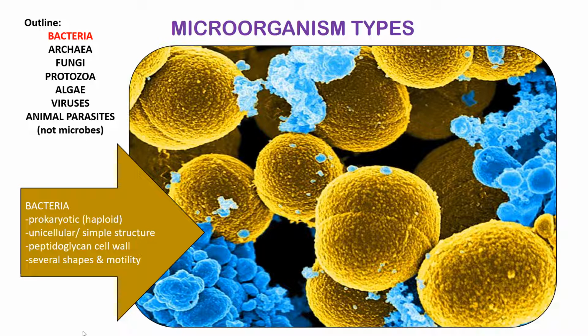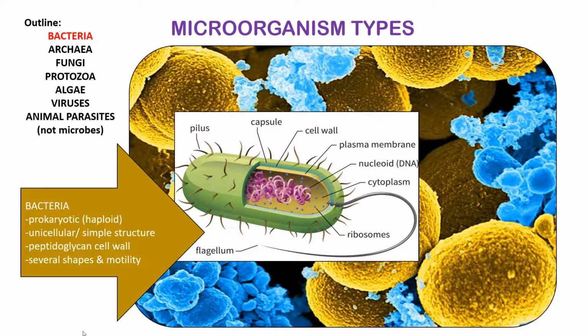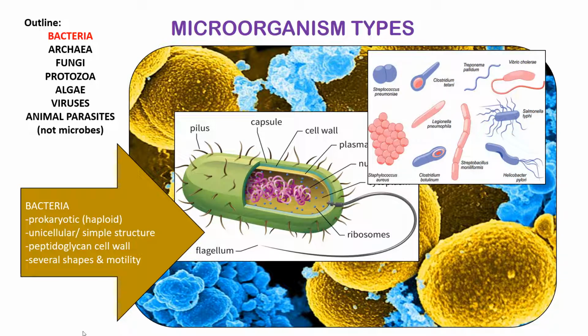Again, bacteria has a simple structure. They are all unicellular, made up of separate individual cells. And they can also exist in various shapes, as shown here. Their genetic material is not enclosed in a nuclear membrane, so you cannot call it a true nucleus. And they only have a single set of chromosomes, that is, of course, prone to mutation.